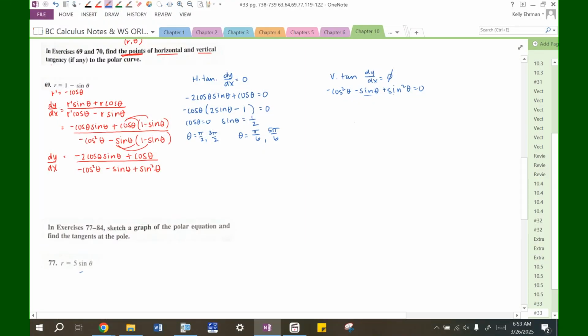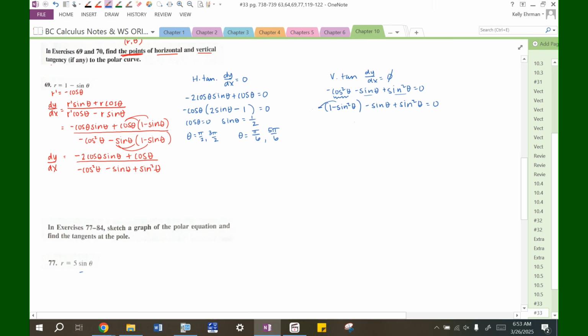Because these two terms are in terms of sine, and I can't do much to get rid of a sine theta, I'm going to trade out minus cosine squared with its Pythagorean identity, which is 1 minus sine squared theta, minus sine theta plus sine squared theta. They will expect you to be able to work with the basic trig identities that we had in pre-calc, which were the Pythagorean and maybe a little bit of the reciprocal identities and quotient identities and stuff.